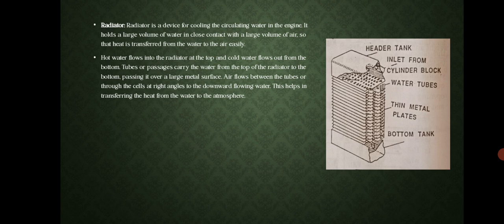Tubes or passages carry the water from the top of the radiator to the bottom, passing it over a large metal surface. Air flows between the tubes and through the cells at right angles to the downward flowing water. This helps in transferring the heat from the water to the atmosphere.